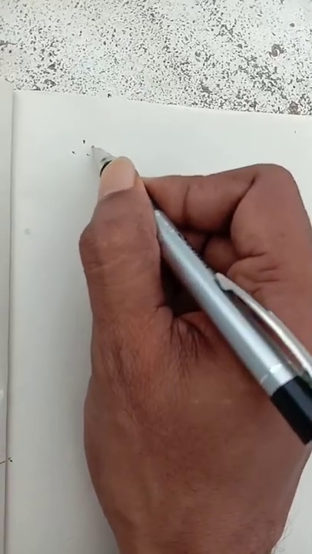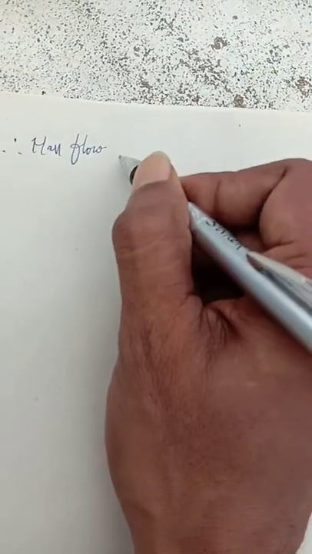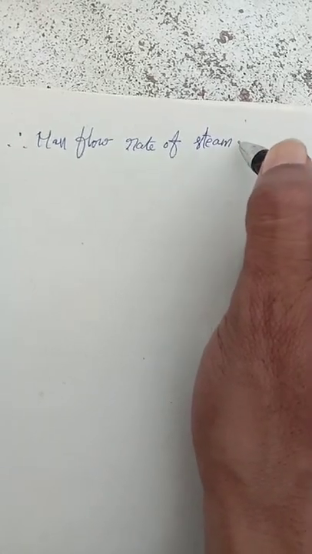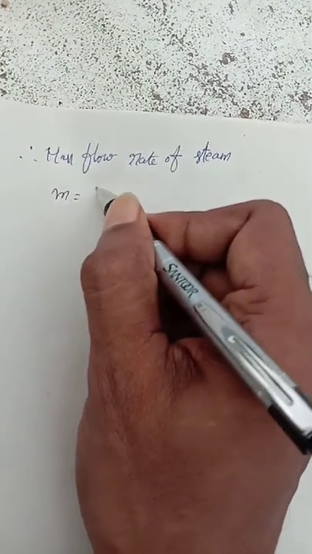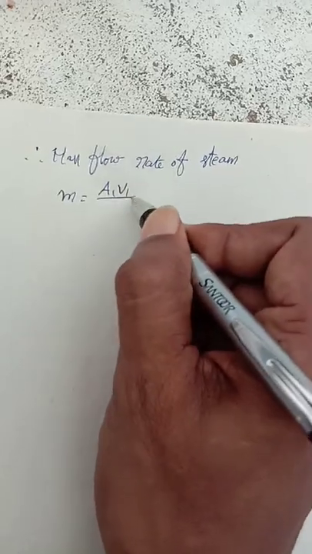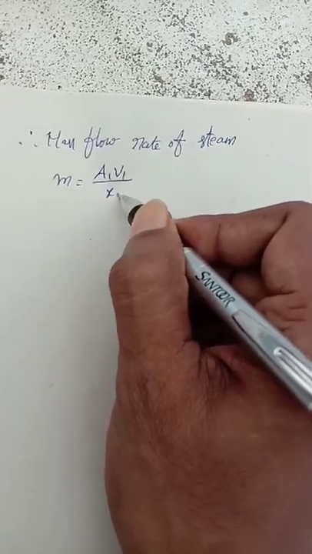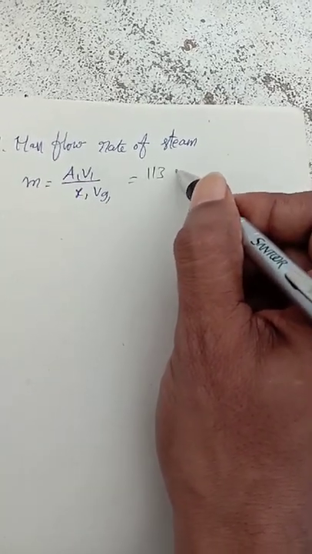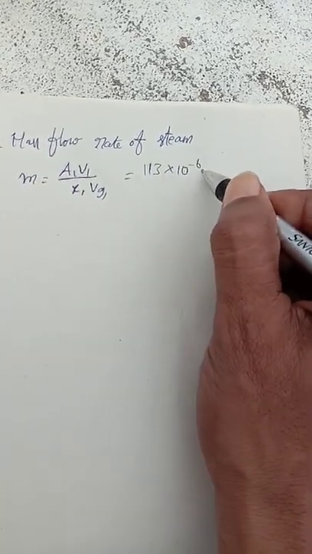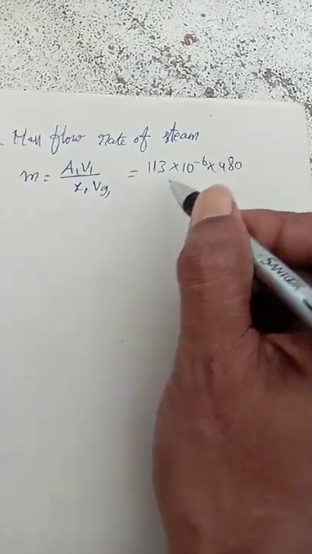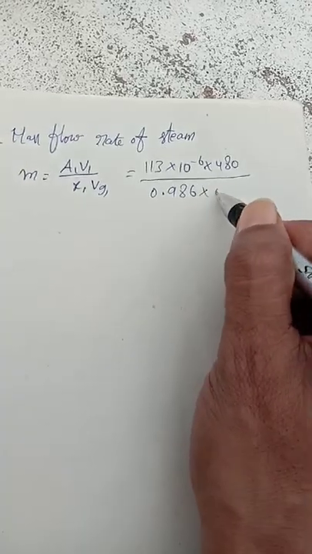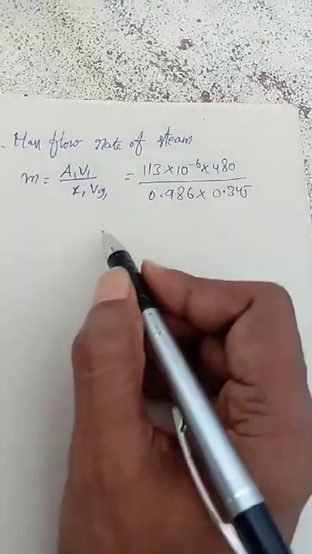Therefore the mass flow rate of steam, M is equal to A1 V1 divided by X1 Vg1, that is equal to 10 to the power of minus 6 into 480 divided by 0.986 into 0.345.